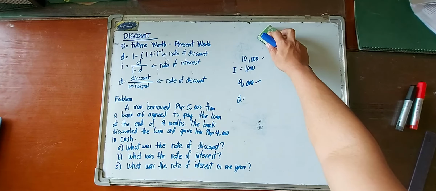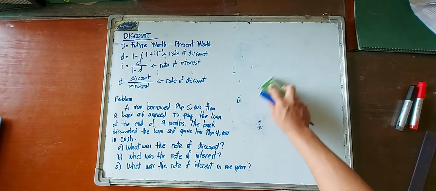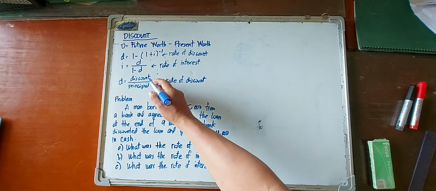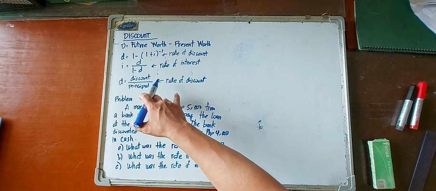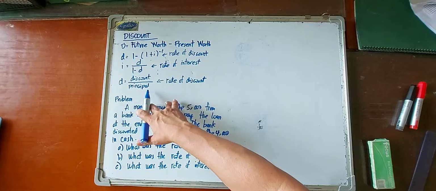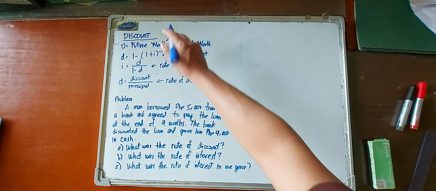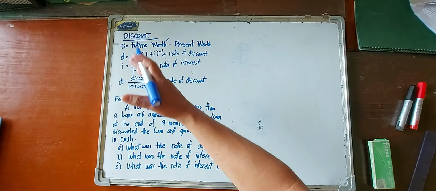Okay, and how do we compute for the rate of discount? The rate of discount is equal to yung discount, yung difference ng future tsaka present value or worth, divided by the principal. The principal here is yung future, yung babayaran mo, hindi yung marireceive mo.